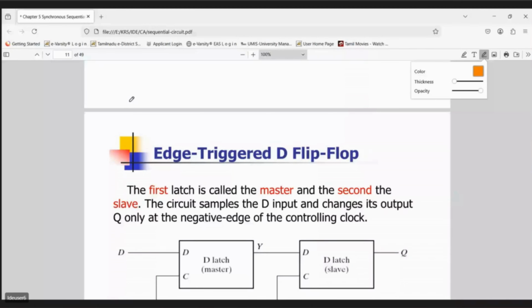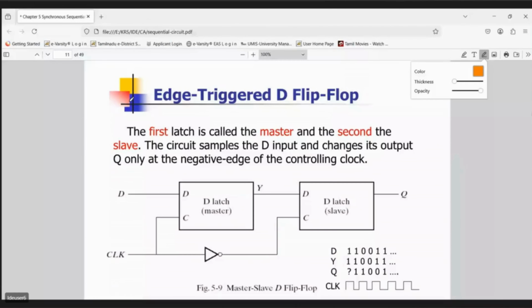The first latch is called the master and the second is called the slave.